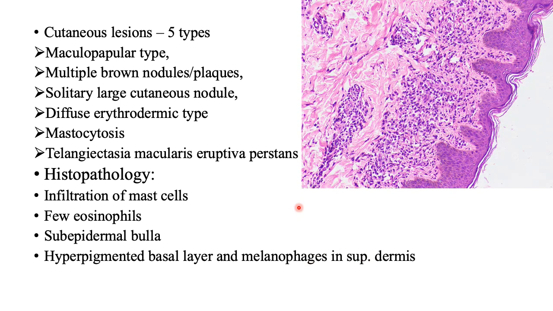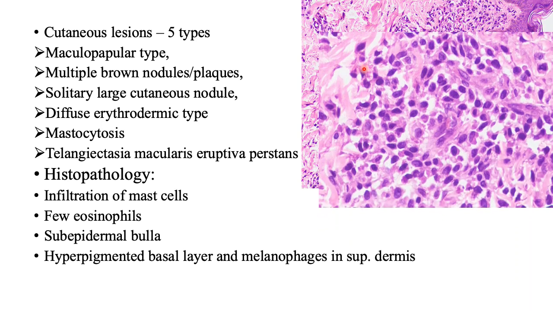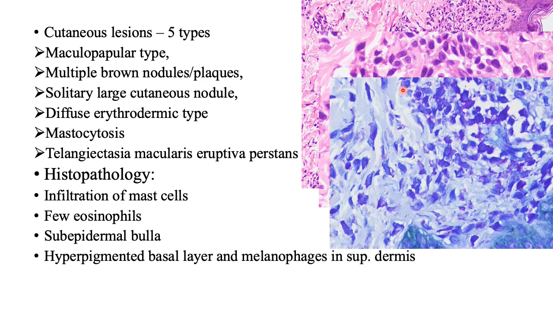This is the microscopy picture showing infiltration of mast cells, which are marked by metachromatic granules in the cytoplasm. This is the high power view, and these mast cells can be detected by a special stain, toluidine blue. Toluidine blue stains the cytoplasmic granules.